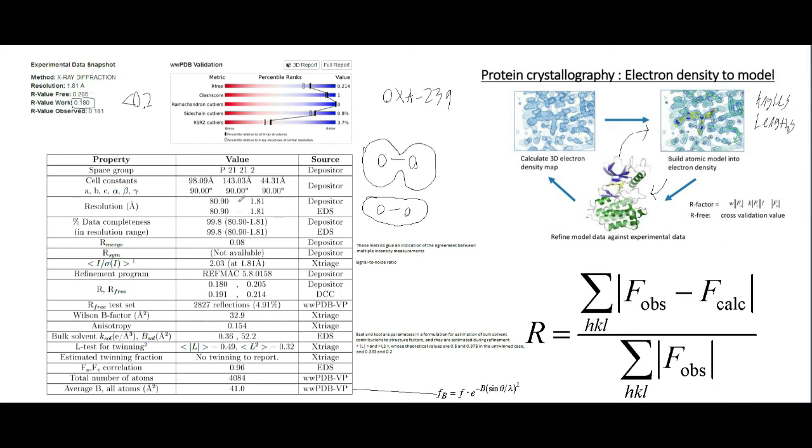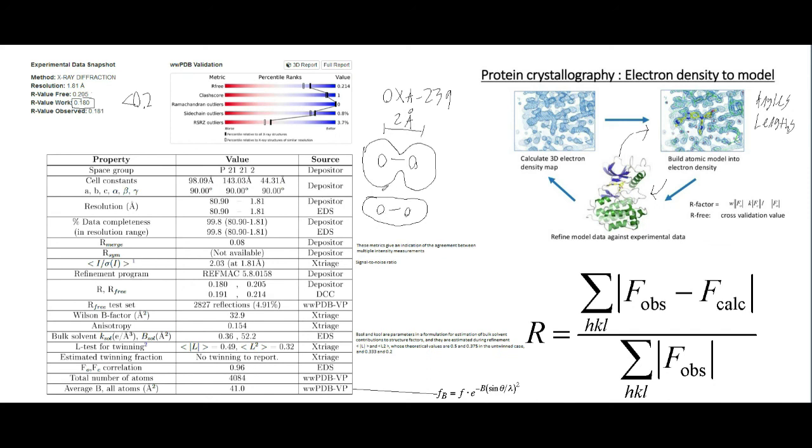And so this resolution, which is in angstroms, is telling you the resolution at which you can tell the difference between two things. So if this has a bond length of, let's just call it 2 angstroms, and you can tell the difference between them, then you have a resolution lower than 2 angstroms, because you can tell the difference between two things less than 2 angstroms apart.